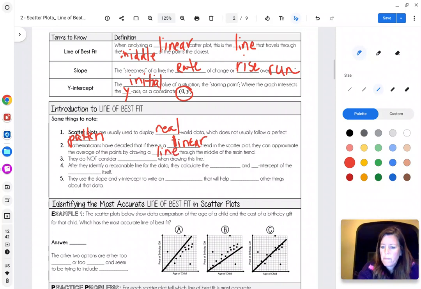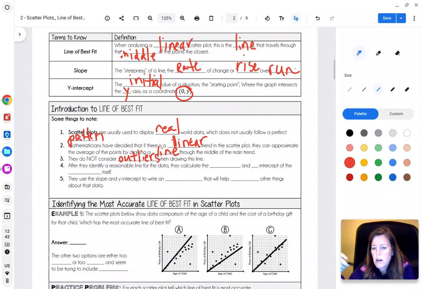So if it's linear, we can draw some sort of a line between the middle of those points. And that's going to give you an average of what's going on with your data. And then outliers, they are not considered.